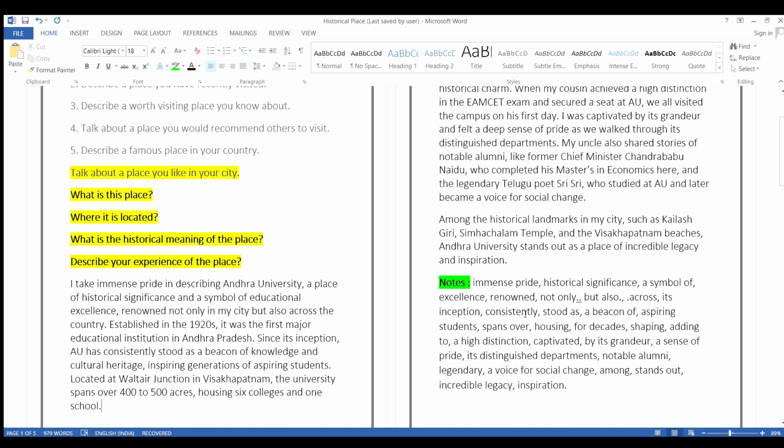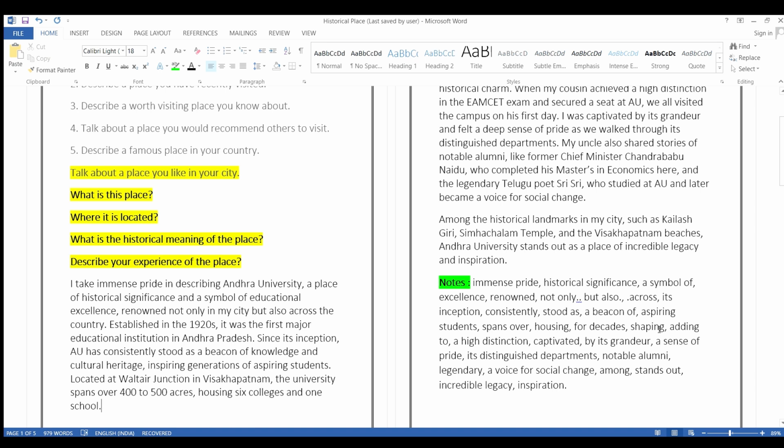Consistently, for continuously. Stood as is the past tense of stand as, stands as. A beacon of is a lighthouse of. Aspiring students is the future students. The determined students. Spans over is spread over. Housing is has. For decades is for a long period of time.